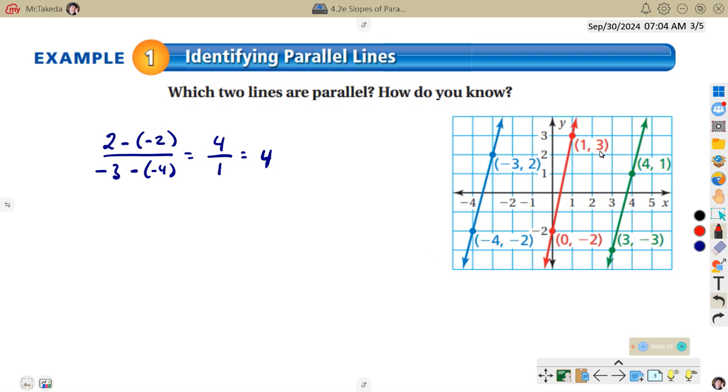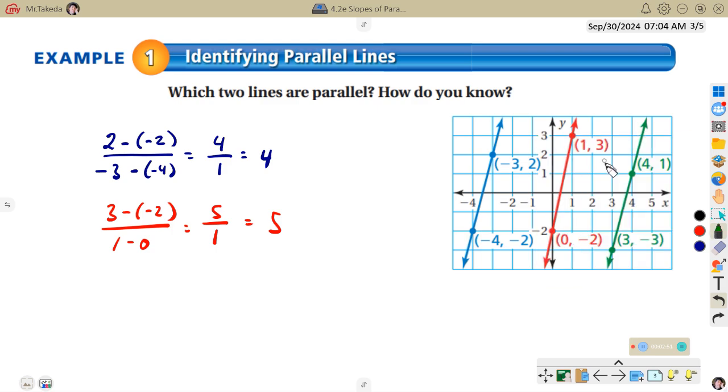For the red line, 3 minus negative 2 over 1 minus 0. 3 minus negative 2 is like saying 3 plus positive 2. Remember, we keep, flip, change. 3 plus 2 is 5, and 1 minus 0 is 1. So the red line has a slope of 5.